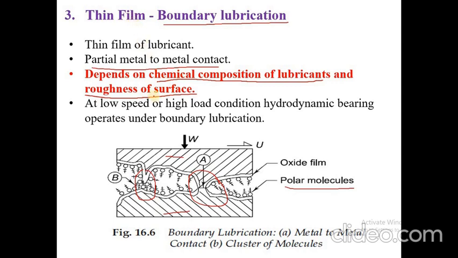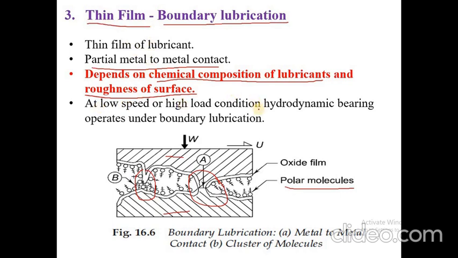Whereas in case of thick film lubrication, it totally depends on the viscosity, as there is no contact between the two surfaces. There was a layer of lubricating oil in between two surfaces. Hence, viscosity was the affecting parameter in case of thick film, whereas chemical composition and surface roughness are the affecting parameters on a bearing in case of thin film lubrication.